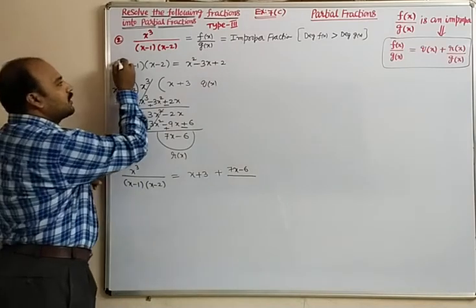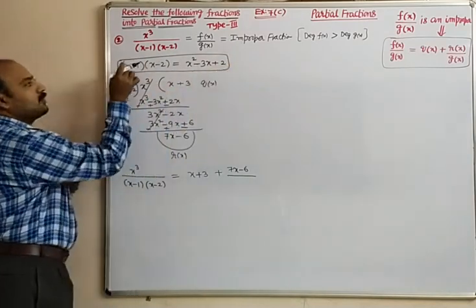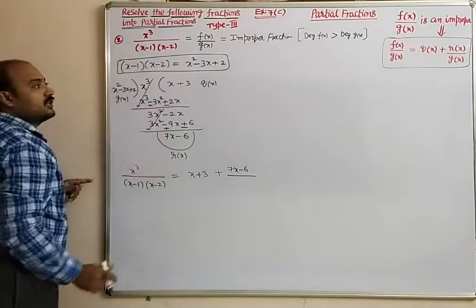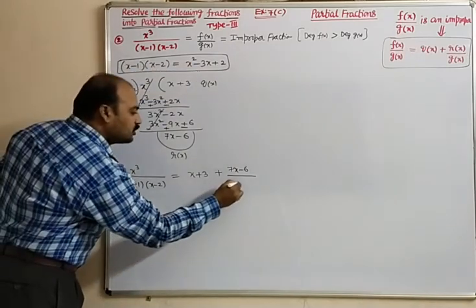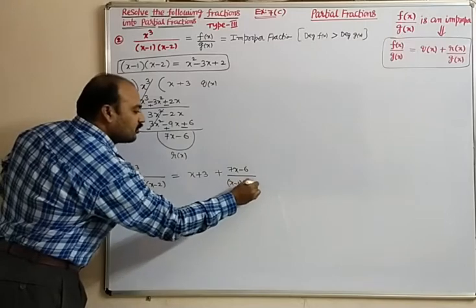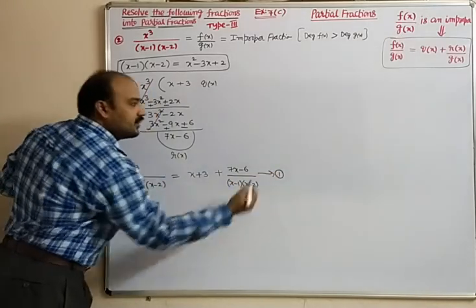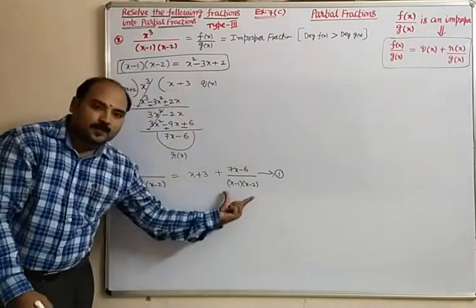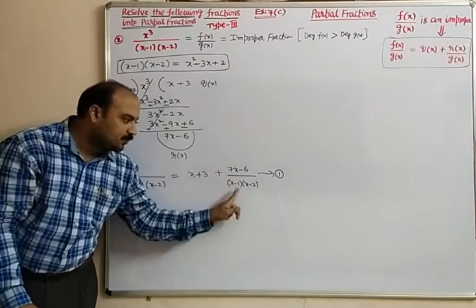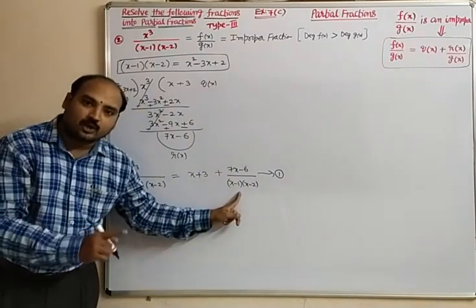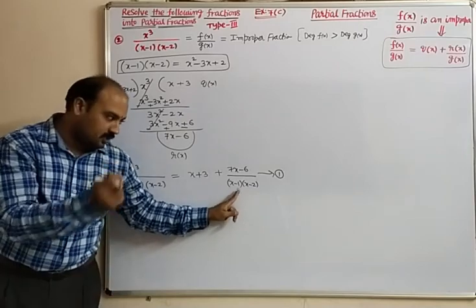Instead of that, I am writing the factors for this expression, (x minus 1) into (x minus 2). Keep that as equation number 1 and apply partial fractions for this. Why? Because it is a proper fraction. Resolve it into partial fractions.